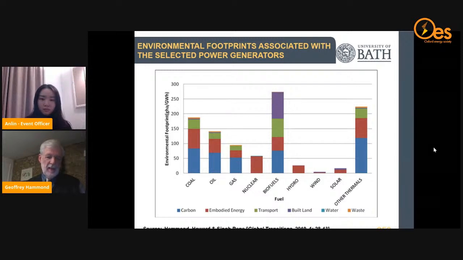And therefore the land footprint is much larger than even some of the fossil fuels. If anybody's worried about the column on the right-hand side, which is other thermals, those are power stations which are very little used. So there are one or two in Northern Ireland, but otherwise they're not used. So then that's not a significant effect. You'll see that the footprint for hydro, wind, and solar is very low.